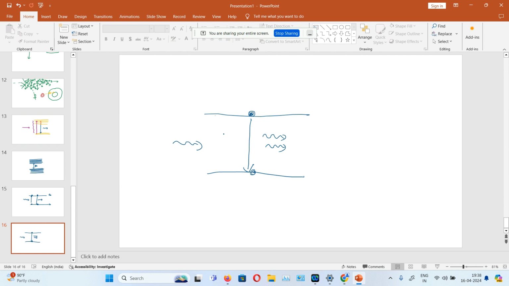These two photons will have an equal phase relationship. Both will vibrate in the same manner and move together, like twins. This phenomenon of emission of photons having the same amplitude, frequency and phase, with light given to a material already in the excited state, is called stimulated emission. So we are giving one photon and getting two photons with the same phase.